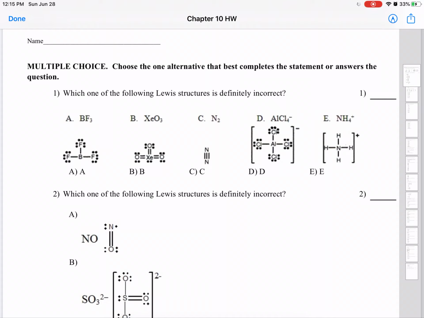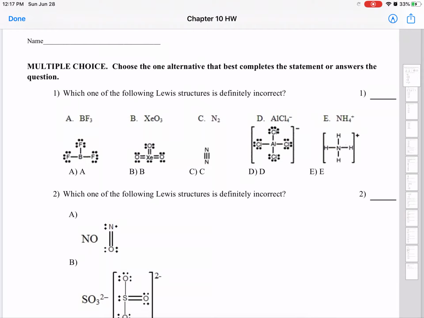Then if you look at XeO3, oxygen has 8 electrons, and xenon is an atom in period 3 and below, period 3 nonmetals and below, so it can have more than 8 electrons. In this case, xenon has 2, 4, 6, 8, 10, 12, 14 electrons. That's perfectly fine.